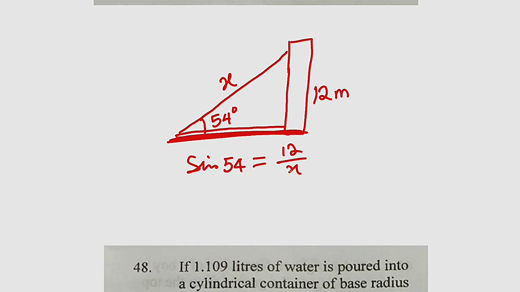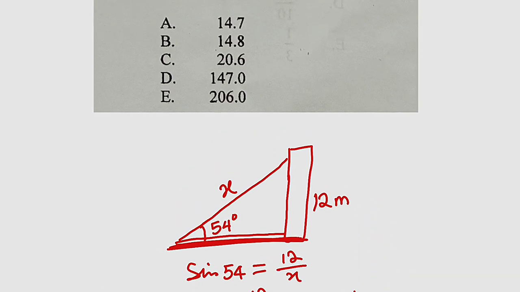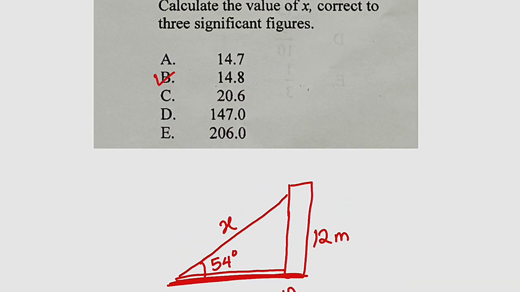And if you make x the subject, it will be x equal to 12 divided by sine of 54. So now let us plug this into a calculator, and this is 14.8. What is the unit? Meter. And which option is that? Option B. And there should be meter here, please.